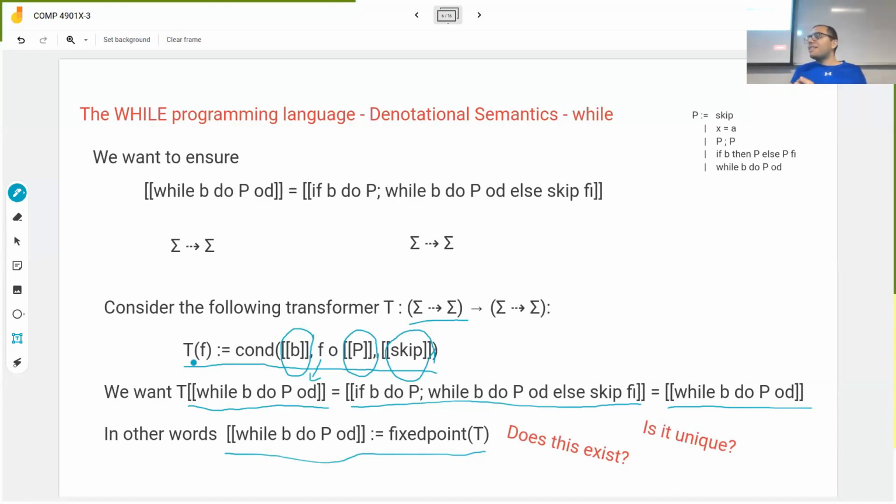So again, imagine that at the end of the day, I want to hopefully put all of these things into Coq. Coq doesn't need to be able to compute all these functions. What Coq needs to do is to be able to reason about them. And if I have a mathematical definition, I can reason about it. So that's the whole reason. I don't care if I can actually compute this fixed point, and honestly, I can't. Because if I could, then I could answer questions like termination.